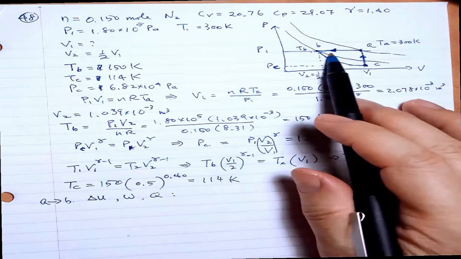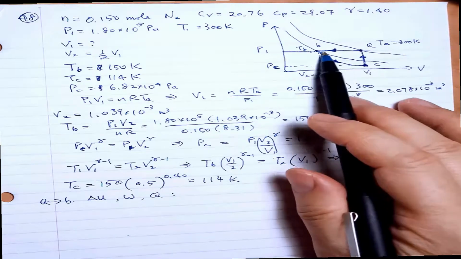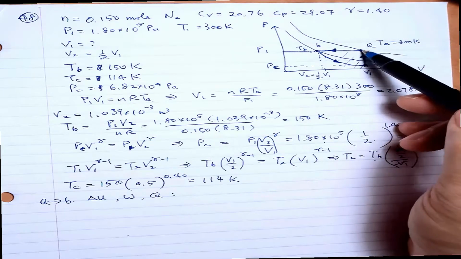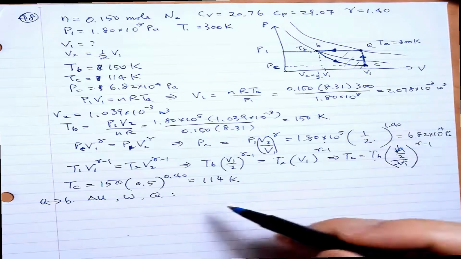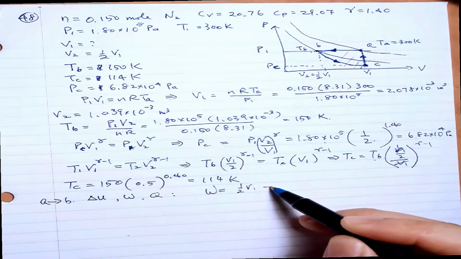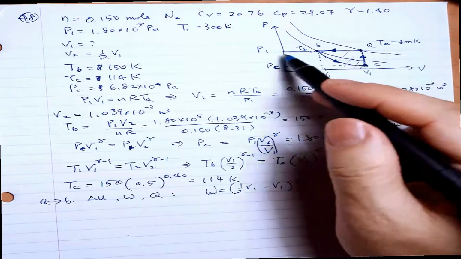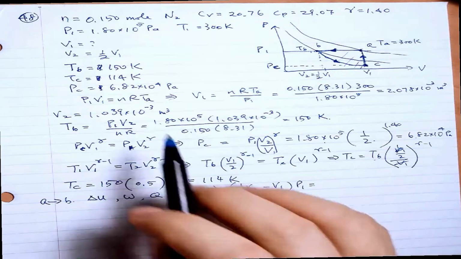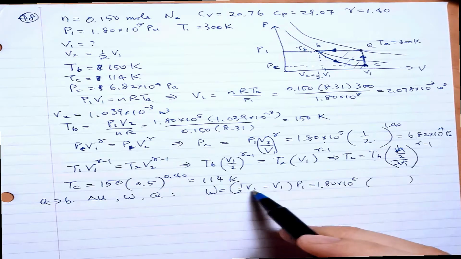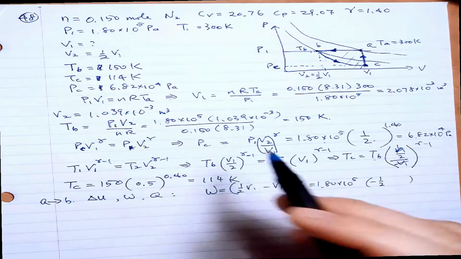So from here to here, it is isobaric, which means that the work done is simply all the area underneath the curve, except it's going from right to left, so this energy will be negative. So W will actually be V2, which is 1/2 V1, minus V1 times the pressure, which is P1. So I plug in P1, which is 1.8 times 10 to the 5th. 1/2 V1 minus V1 is negative 1/2 of V1.